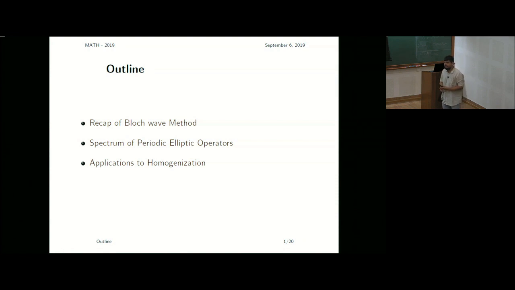For example, there is a recent paper of the group of Professor Vanninathan on Hashin-Shtrikman structures, where they have done a Bloch wave homogenization of Hashin-Shtrikman structures. That's just a little bit about the Bloch wave method. So I will do a very quick recap.